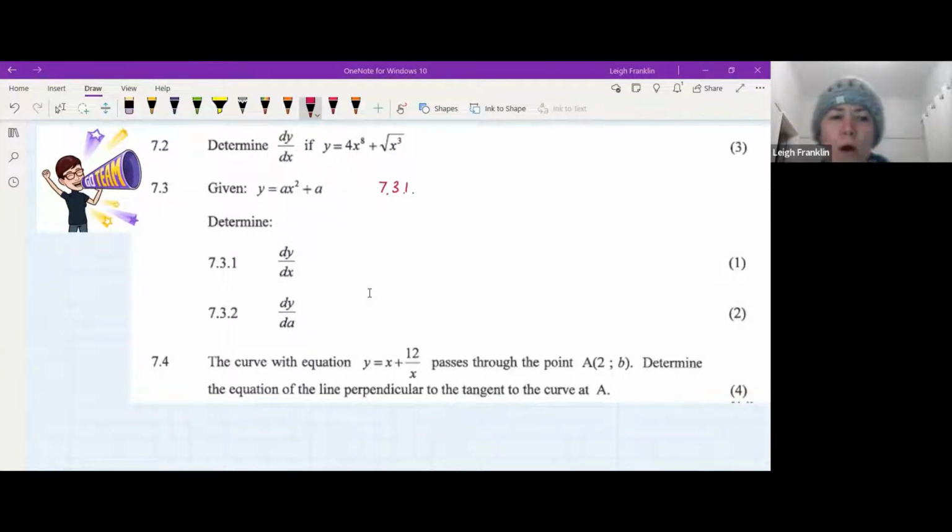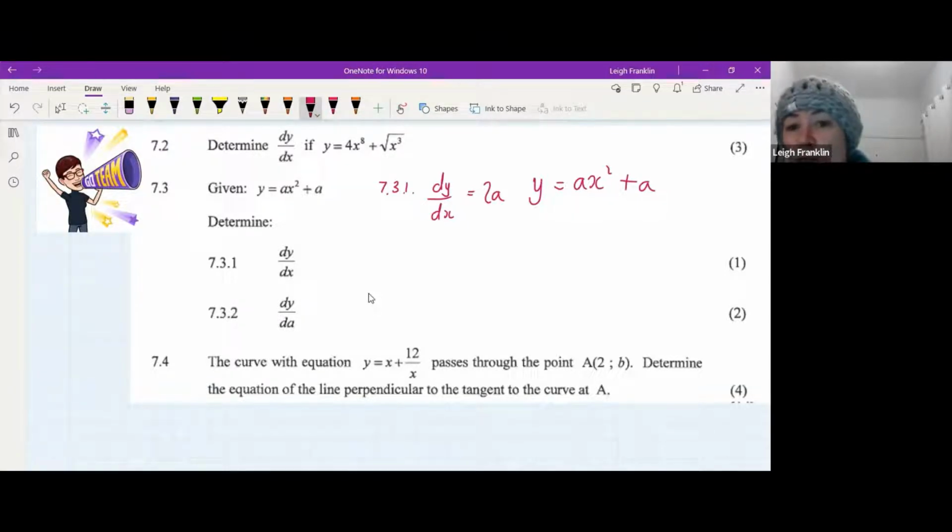Yes, ma'am. Okay, so in 7.3.1, they give you y equals ax squared plus a. And then they want you to find the derivative of y with respect to x. So here, what you would have done is you would have said dy over dx, and you would have said 2 times a, being the coefficient of x squared, would have given you 2a.